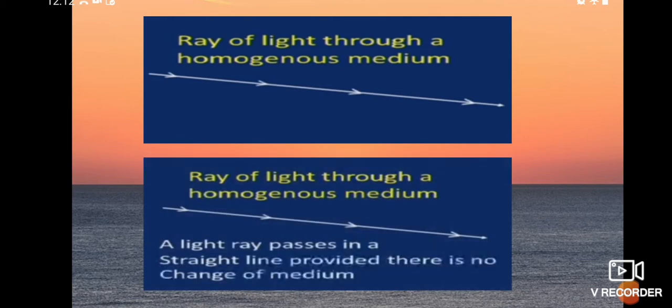A ray of light through a homogeneous medium passes in a straight line, provided there is no change of medium. When the light ray travels in a straight line, it means it doesn't have any change in medium.